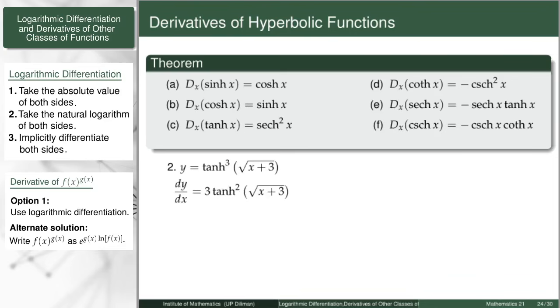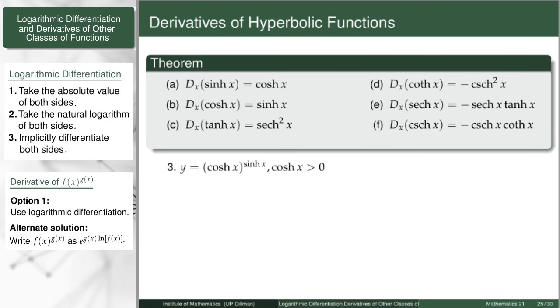So I'll have first 3 tanh squared of square root of x plus 3. The next in line will be tanh, which in this case is positive sech squared. Whatever the x is, in this case square root of x plus 3. And then I differentiate square root of x plus 3, which gives me 1 over 2 square root of x plus 3. Of course, you still multiply this by the derivative of x plus 3, but that is just 1 and you can just omit it.